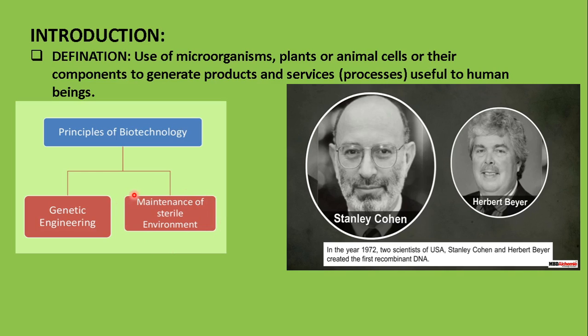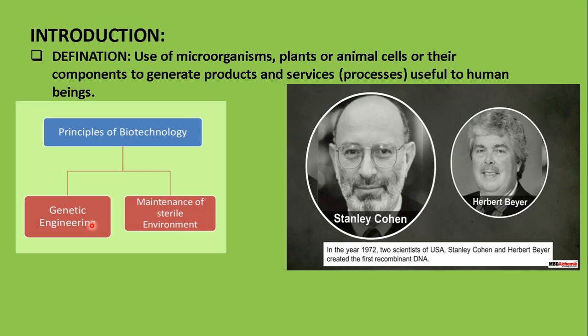Wherever we are carrying out the processes to create something, that entire environment has to be kept germ free. Different steps can be taken for that: cleaning with alcohol, UV radiation, autoclaves, steaming, hot air ovens. Different processes are involved, but ultimately the aim is to maintain a sterile environment.